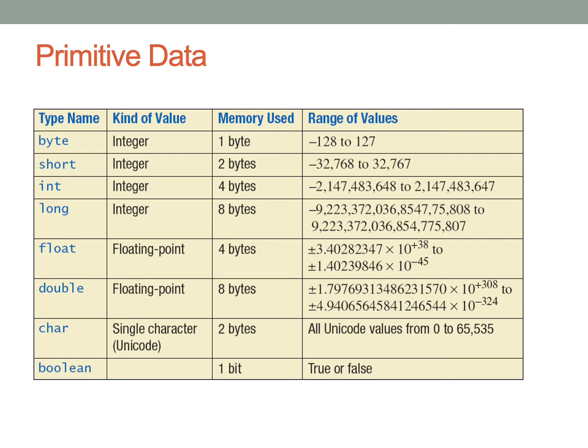If we look at the range of values, we can see that byte has the range from -128 until 127, while short covers from -32,768 to 32,767, meaning that it covers larger numbers.